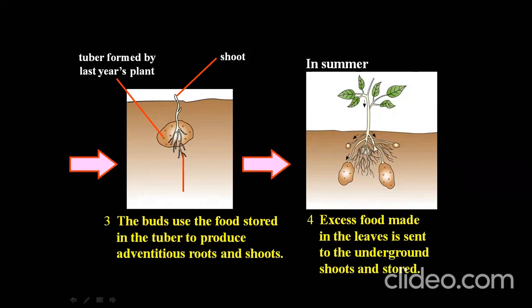Now the plant has leaves, so the leaves will do photosynthesis, and the extra food will go down and be stored to form potato tuber. While the old one is utilized for formation of new plants. These are new tubers.